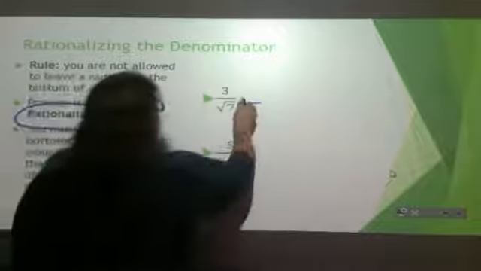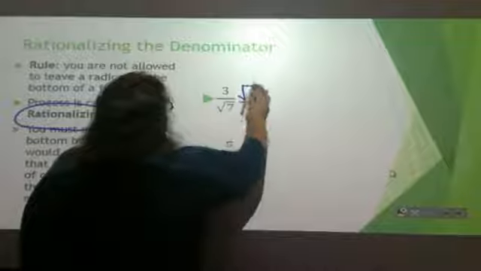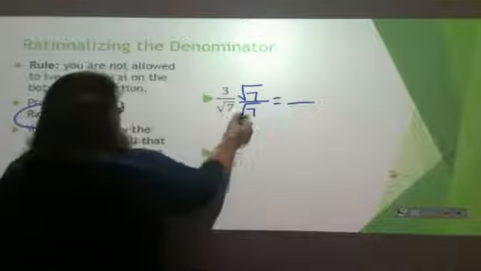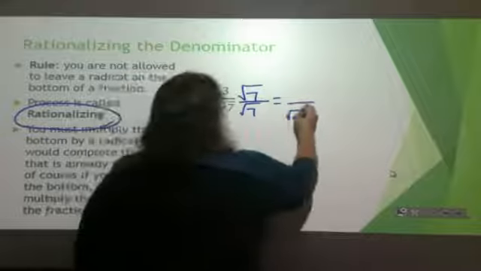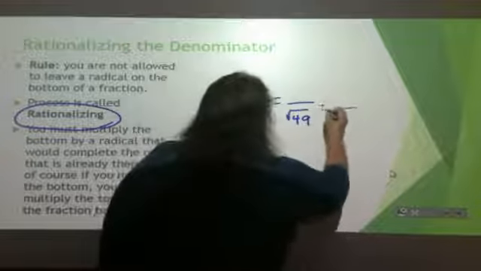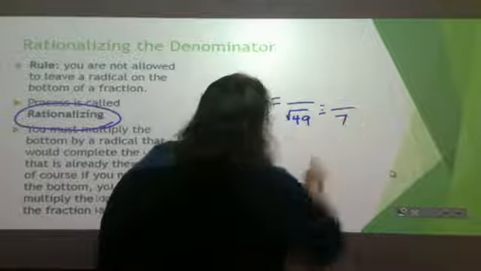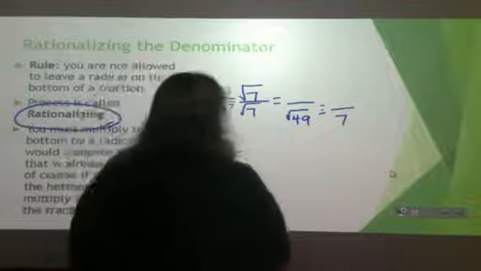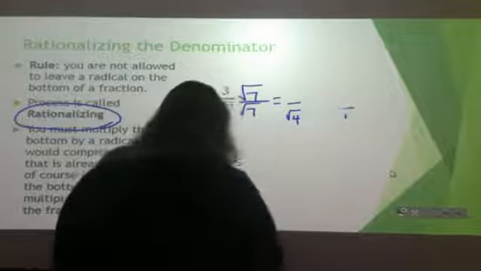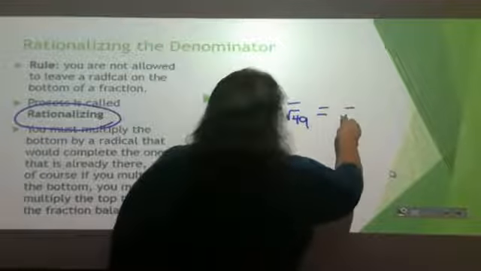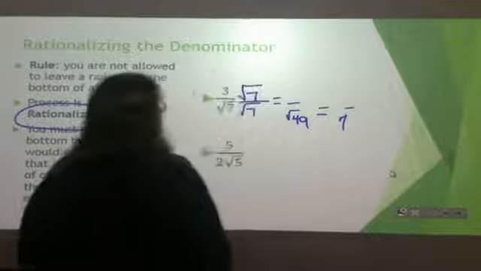But we know if we do it to the bottom of a fraction, we have to do it to the top. So on bottom, I have square root of 49. Most of us know, or you could do it on your calculator. So I've got a 7 on bottom.